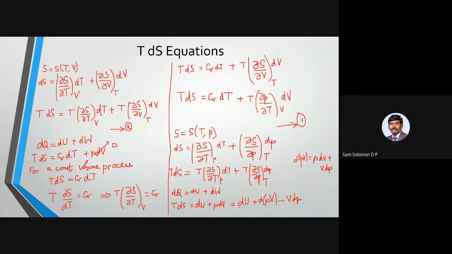These two you can write as d of U plus PV. This we have already done when we derived Maxwell's relation, so this is actually a repetition only. d of U plus PV minus VdP, so that is nothing but dH minus VdP.